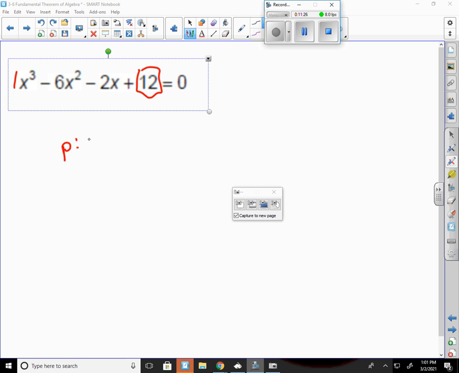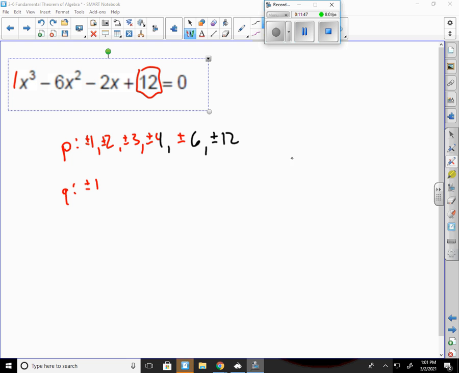Factors of P are plus and minus 1, plus and minus 2, plus and minus 3, plus and minus 4, plus and minus 6, and plus and minus 12. Q, my factors are just 1, plus and minus. So my P over Q is really all of these numbers. 1, 2, 3, 4, and 12.